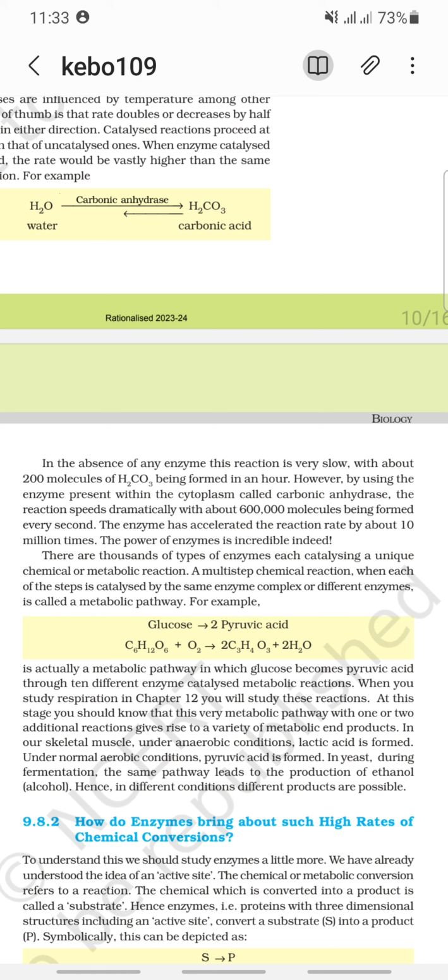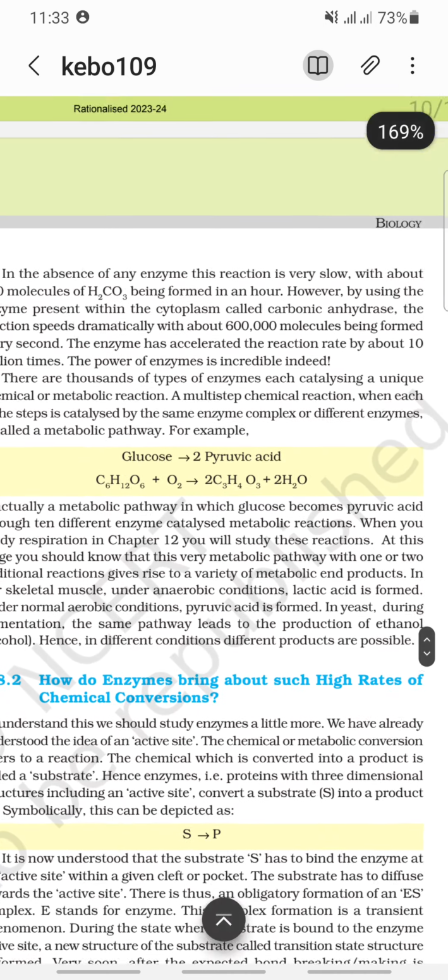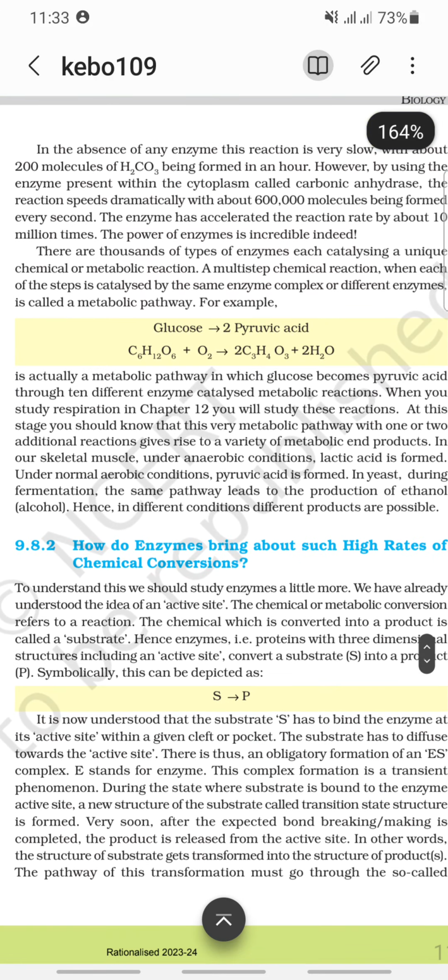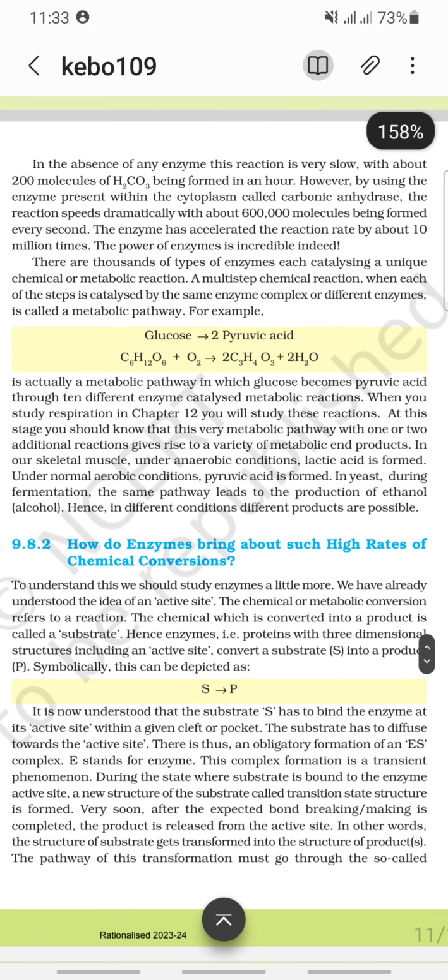Indeed, there are thousands of types of enzymes, each catalyzing a unique chemical or metabolic reaction. A multi-step chemical reaction, when each of the steps is catalyzed by an enzyme complex or different enzymes, is called a metabolic pathway. For example, glucose to pyruvic acid is a metabolic pathway in which glucose becomes pyruvic acid through 10 different enzyme-catalyzed metabolic reactions. When you study respiration in chapter 12, you will study this reaction.